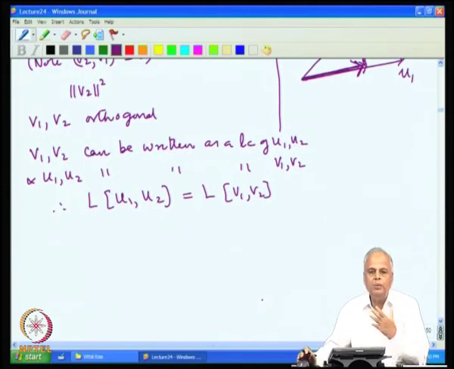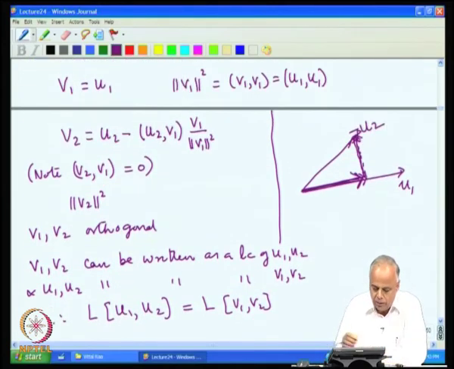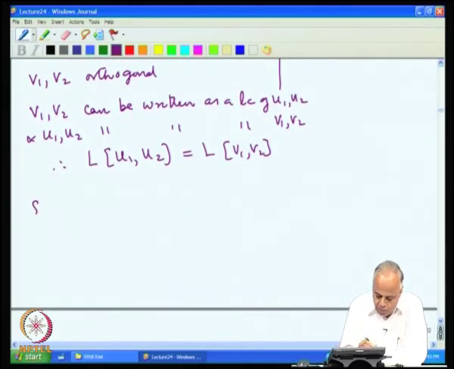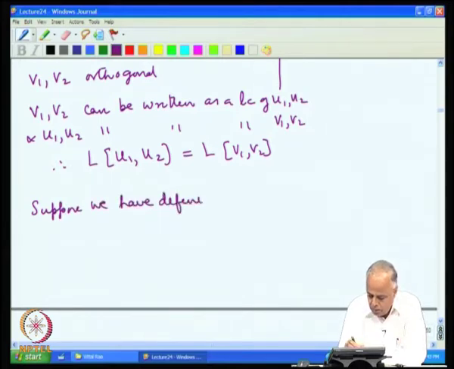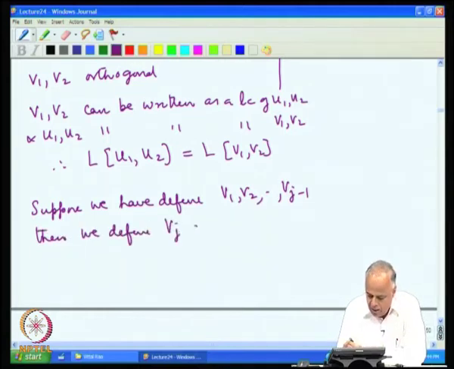Now, once we know v1, we have the definition for v2. Now, we define recursively. Suppose we have defined v1, v2, ..., v(j-1), then we define vj as follows.